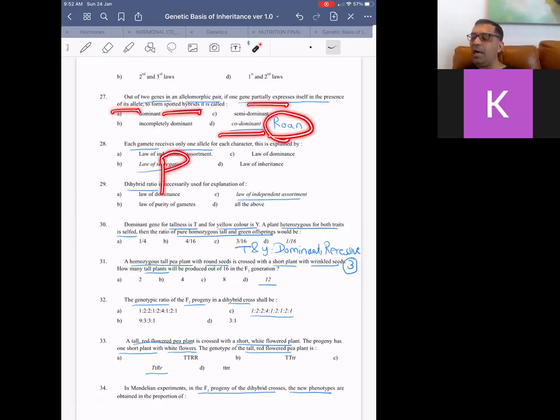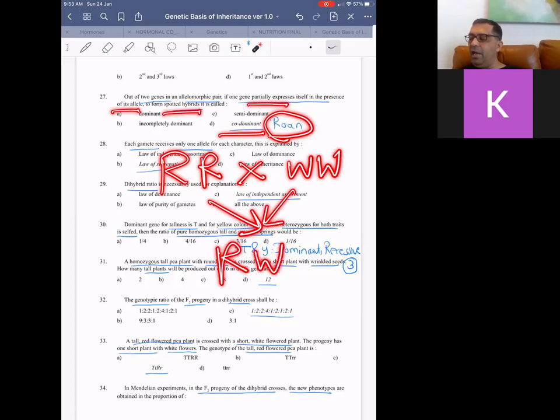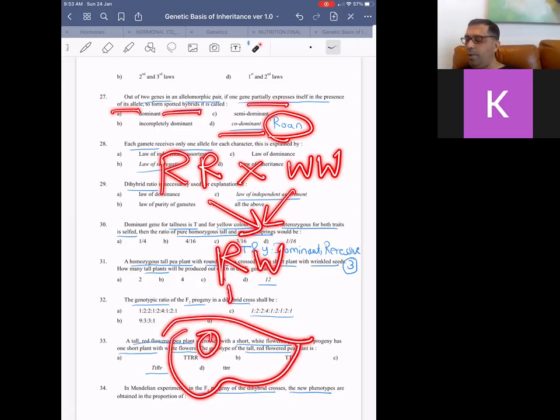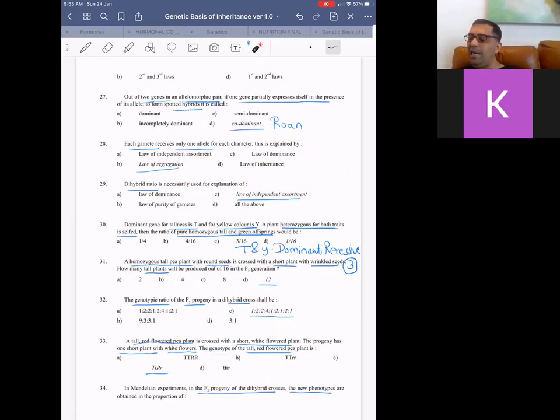If you have capital R, red coat, and capital W, white coat, in the F1 generation it will become capital R, capital W, where red coat is also formed on the cow and white coat is also formed on the cow to form spotted hybrids. Spotted hybrids is an example of what? Codominance, that is Roan coat.